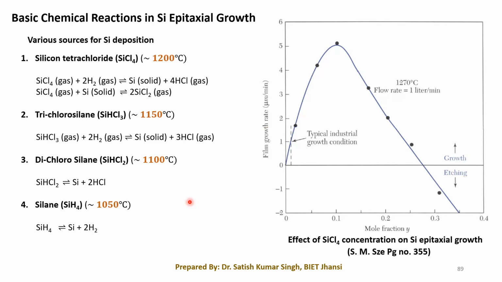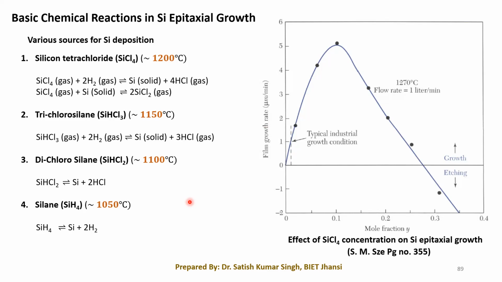This particular technique, MBE, is very versatile, and nowadays it is very useful because it offers certain advantages over vapor phase epitaxy. So we have to look at what the advantages are and how an epitaxial layer can be grown using the molecular beam epitaxy method. So let's begin the discussion.